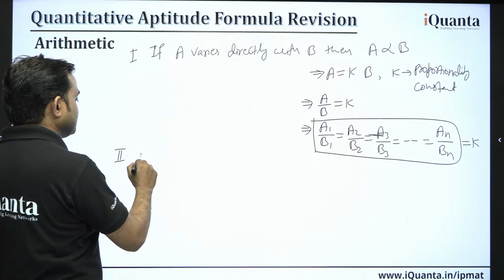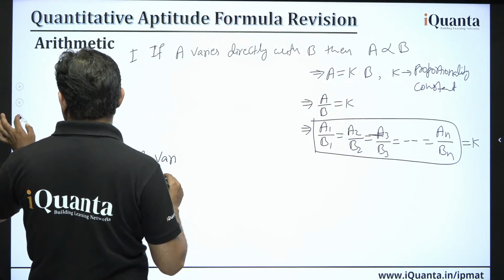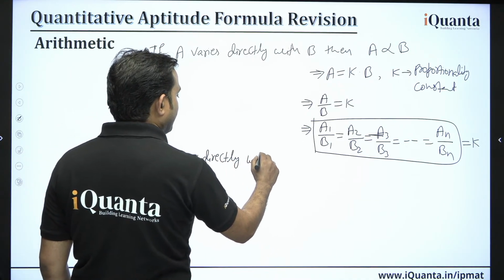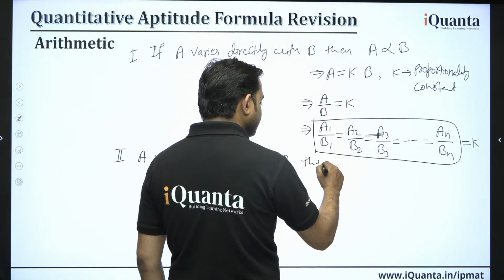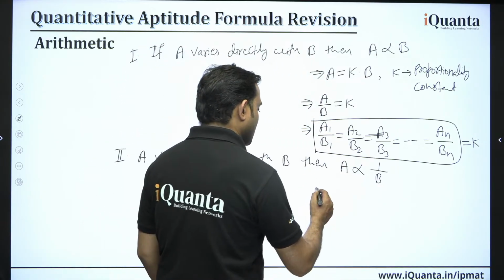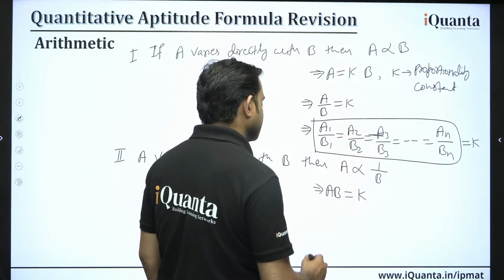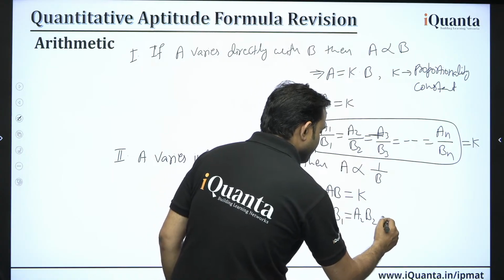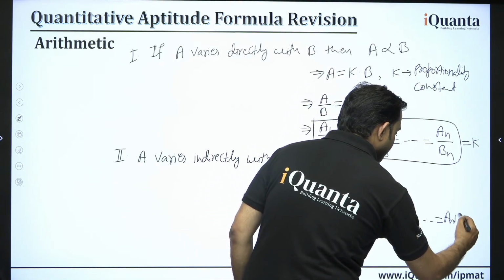Then if it says that A varies indirectly with respect to B, or A is inversely proportional to B, then this is denoted as A is proportional to 1 by B, or we can say AB is equal to K. Again, K is the proportionality constant, which we can generalize and say A1 B1 will be equal to A2 B2 will be equal to A3 B3, and so on till AN BN.